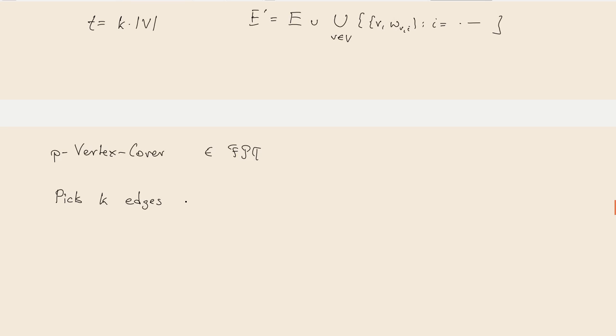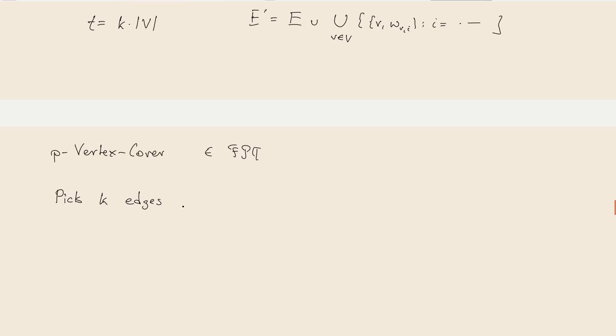You can pick from all the k edges one of the endpoints. That's still less than k, so you have a vertex cover. So if you have more than k edges, you pick any k. And then for each of the k edges, you have two choices. Any of the two nodes must be in the vertex cover.